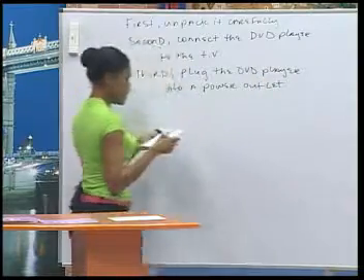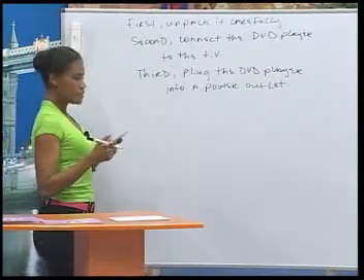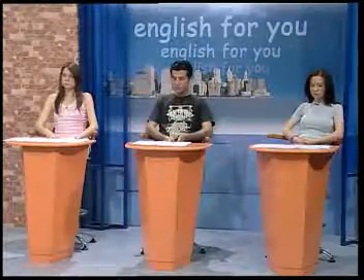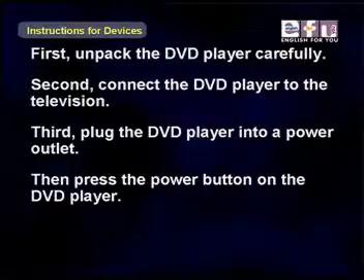What comes next, Linda? You turn on the DVD, there's a power button on it. Okay, Sylvia, can you make a sentence? Then press the power button on the DVD. All right. Then press the power button on the DVD player.